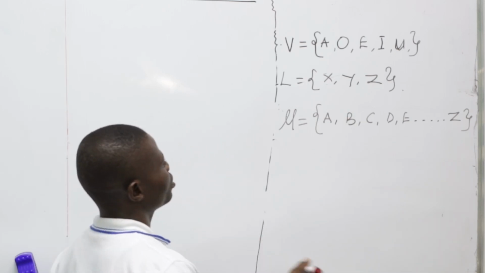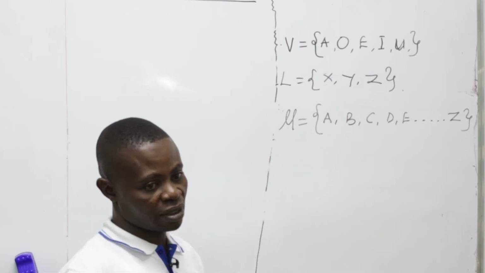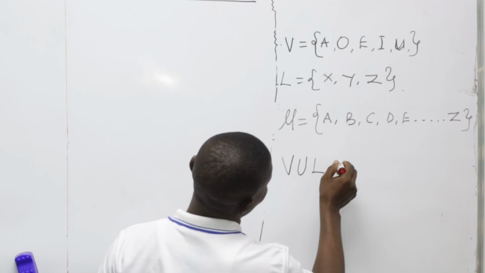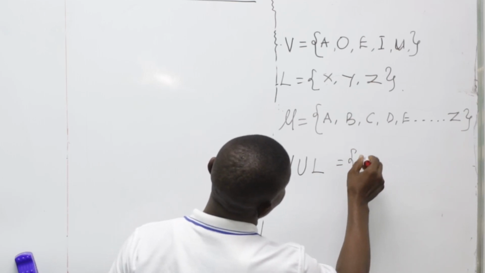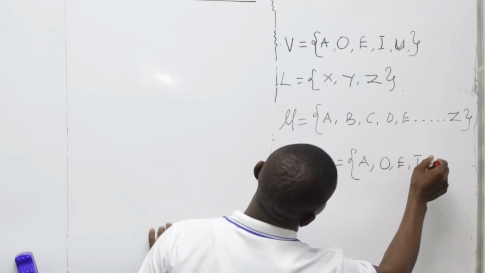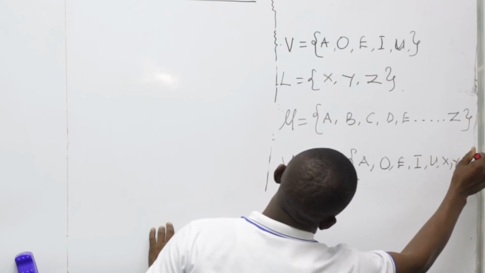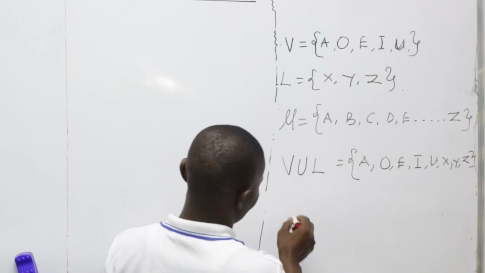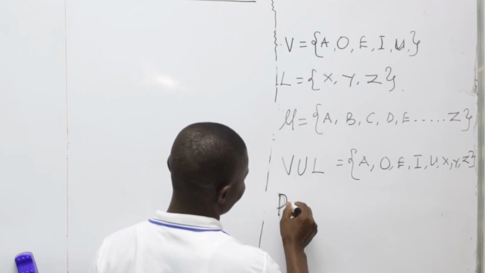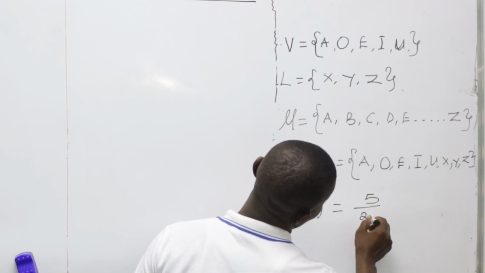Now the question: the probability for a vowel sound or one of the letters X, Y, Z, meaning V union L, equals A, O, E, I, U, X, Y, Z. The probability for vowel sound, P of V, equals 5 all over 26.